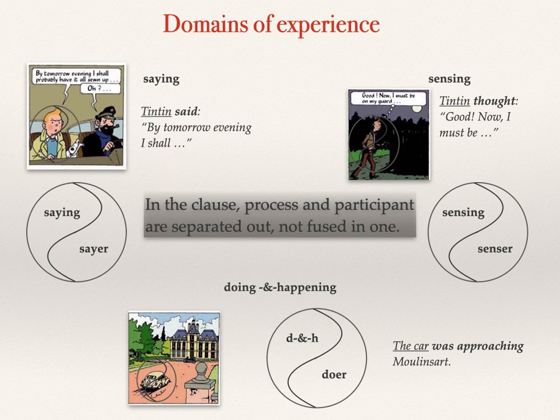So that's an initial illustration of transitivity, looking across to this bimodal semiotic of comic strips. So we've already learned something about transitivity by glancing at comic strips. We've learned about different domains of experience, and about the fundamental model of the clause teasing apart at least one participant from the process.